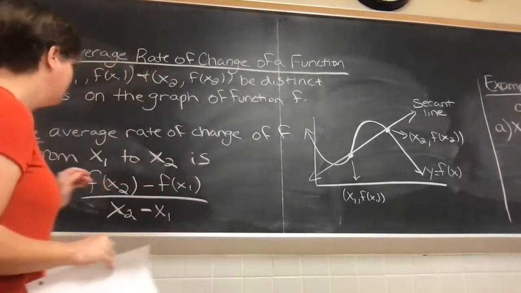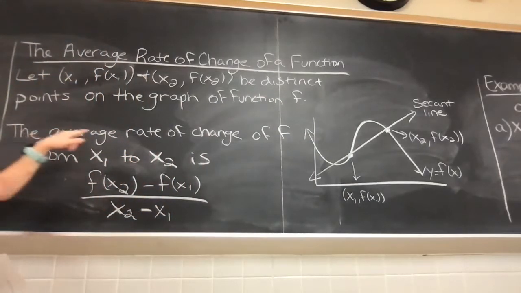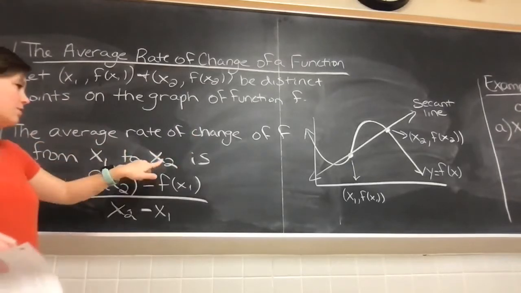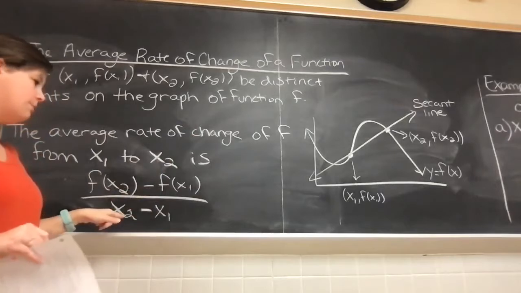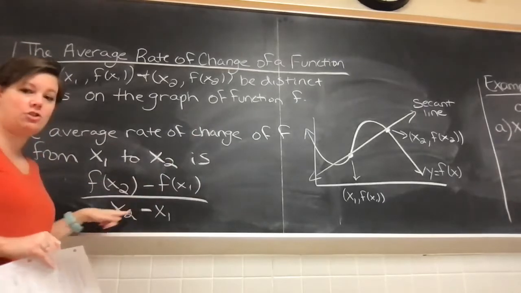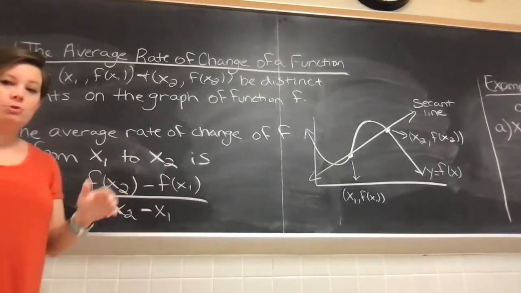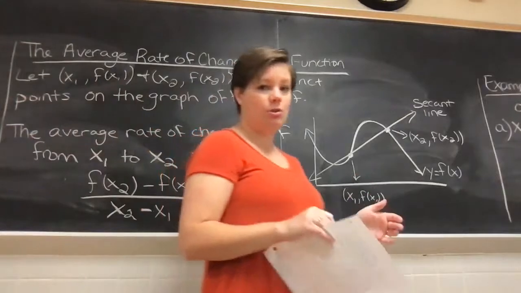If that's true, then the average rate of change of f from x1 to x2 is f of x2 minus f of x1 over x2 minus x1. Notice, that's y2 minus y1 over x2 minus x1. We can find the average rate of change of our function between those 2 points by simply finding the slope of a secant line through those 2 points.